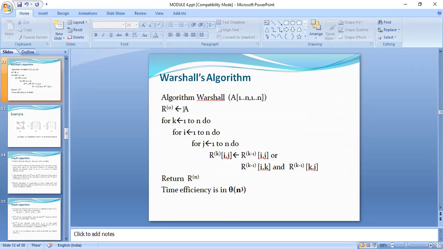So we will have 3 different loops, where we will have the Boolean formula, and the time taken will be calculated based on the upper bound lower bound formula, where you will be saying that it is n into n into n, which is equal to n cube. So that's how you find out the Warshall algorithm.